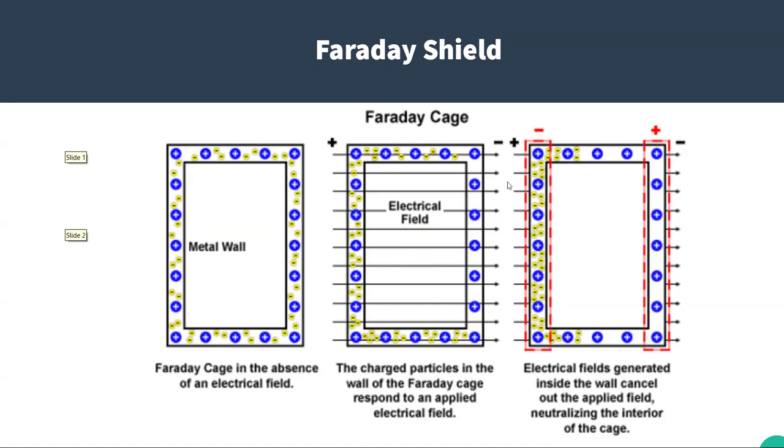And it leaves just a positive charge on the right side. So it's projecting an electric field out of it. It's kind of absorbing the electric field into it. So the effect is there's no electric field inside of it.